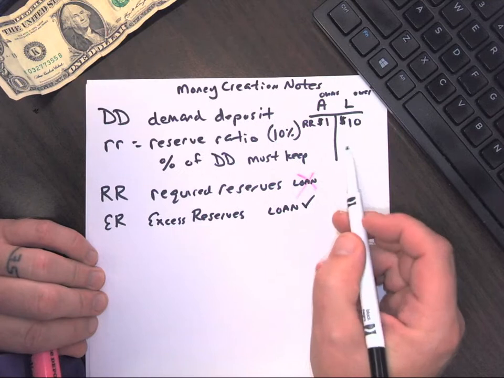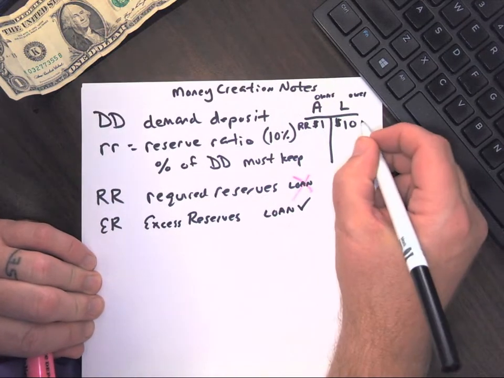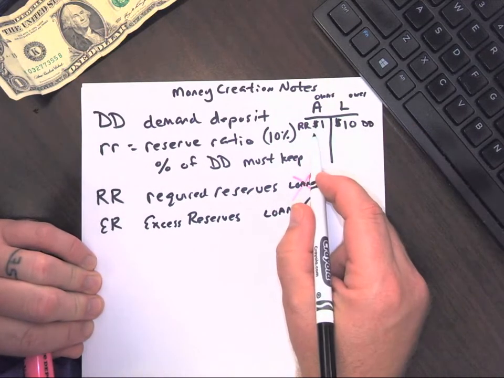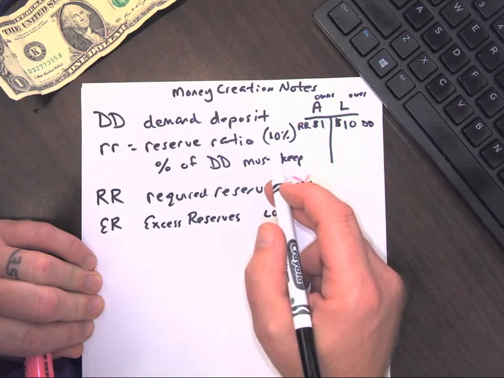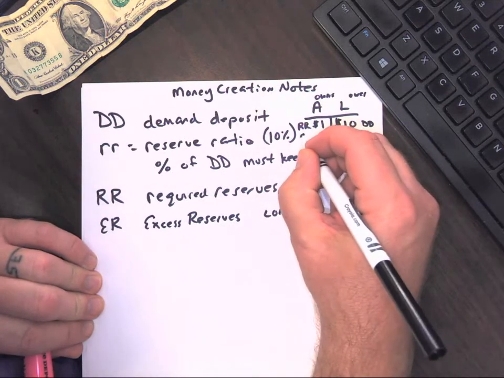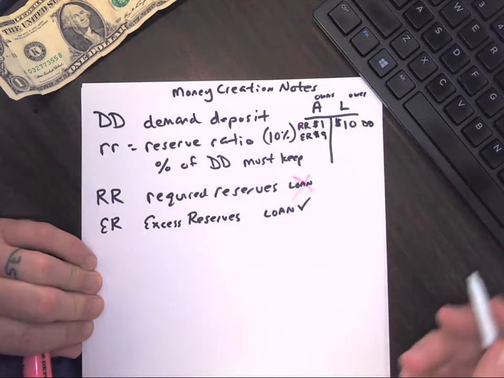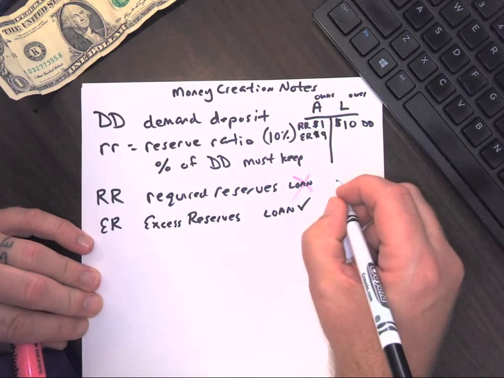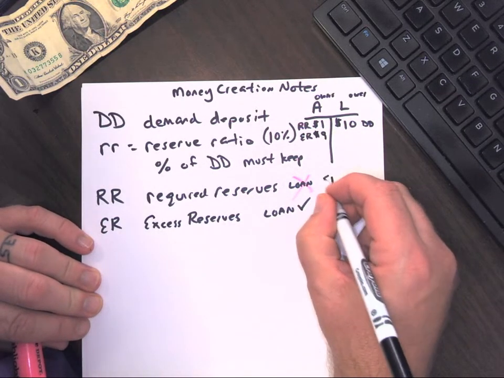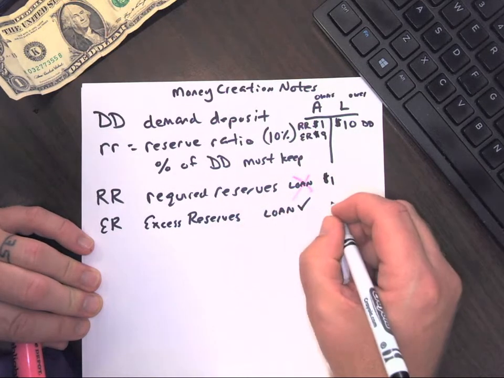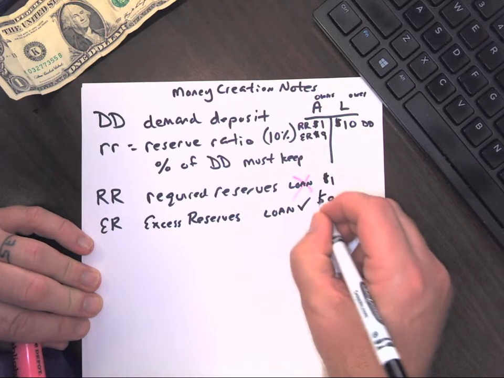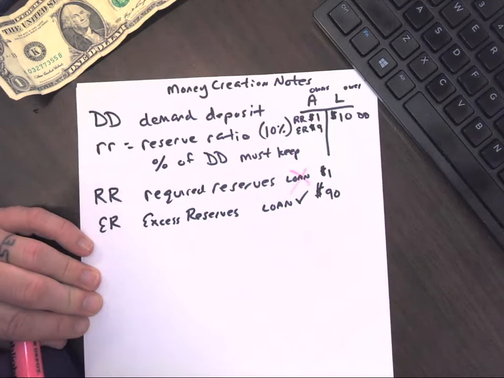So if there's $10 of a demand deposit and required reserves is $1 because the reserve ratio is 10%, now the excess reserves can be how much? $9. So now this bank has required reserves of $1 that they got to keep in there. Then they have excess reserves of $9, and they can loan that out.